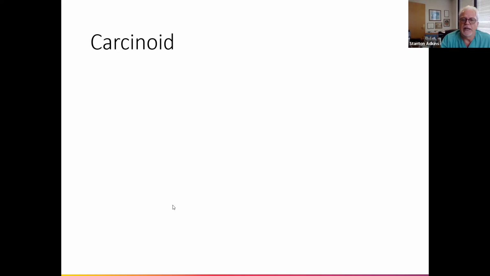So we have this young lady who has a tumor, a bronchopulmonary carcinoid tumor. It's sitting in the airway, and let me close this and we'll open this.